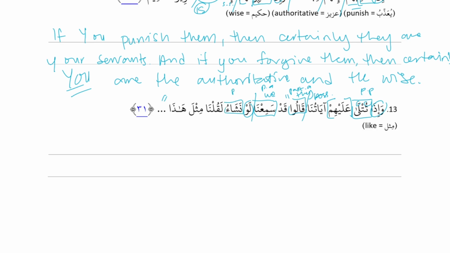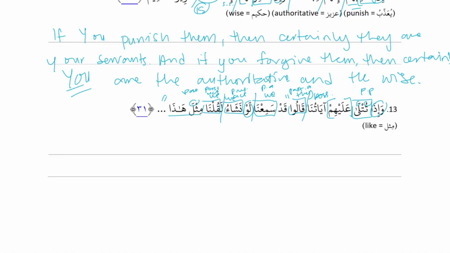And then laqulna, this is the start of the consequence for law. Qulna is past, active, we. And then mithla is general and hada is specific, so possessive. And it's also receiver because of the receiver label on mithla.